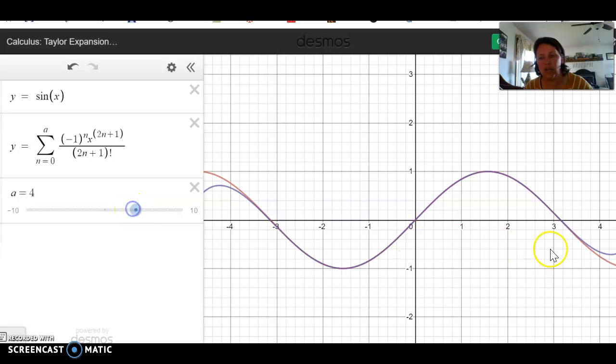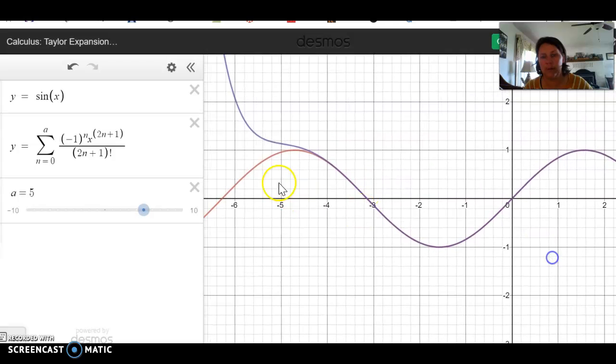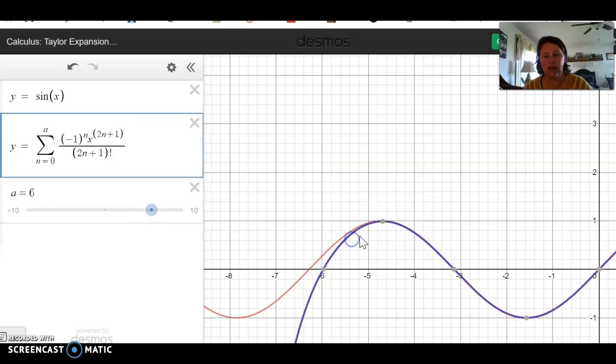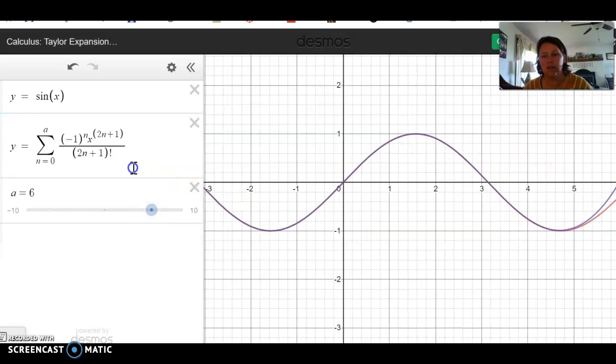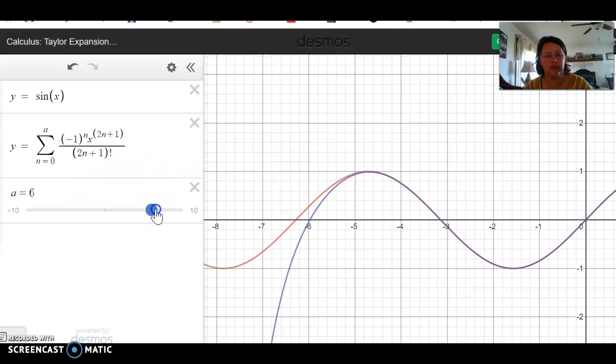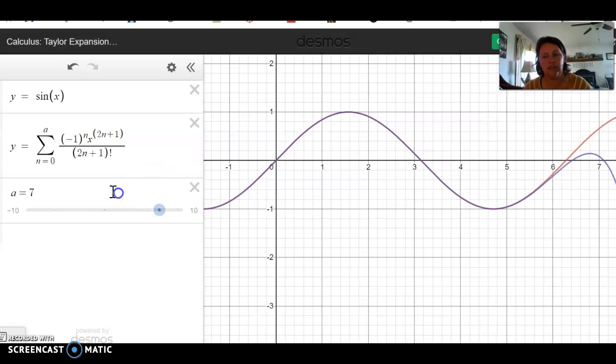Now we're good all the way through pi and negative pi on both sides. Our purple function's starting to look kind of funky, but we are getting closer and closer to our real sine function every time. It just keeps going.